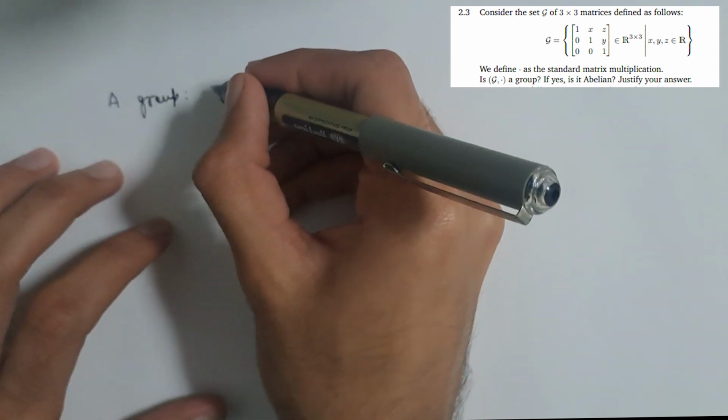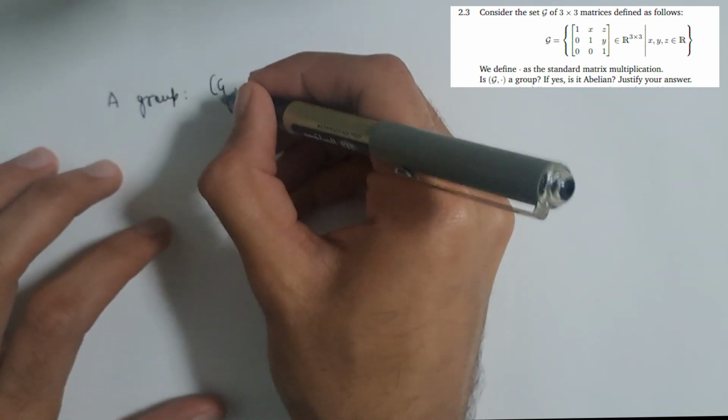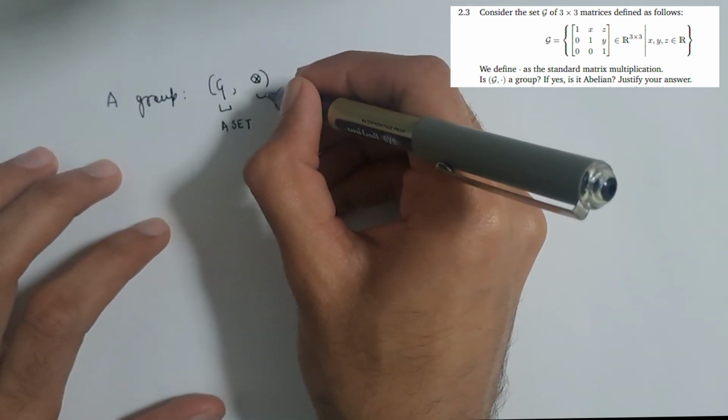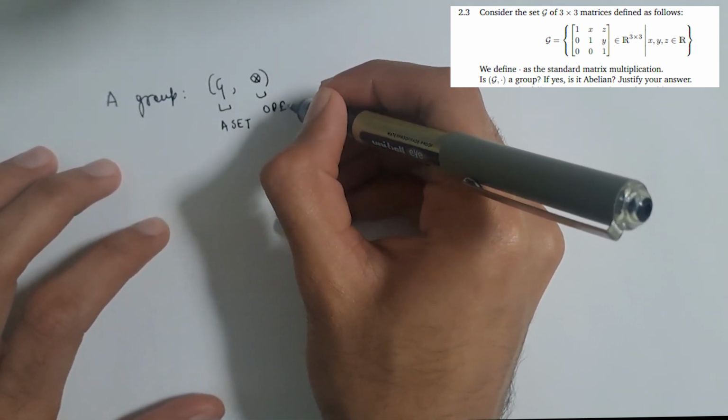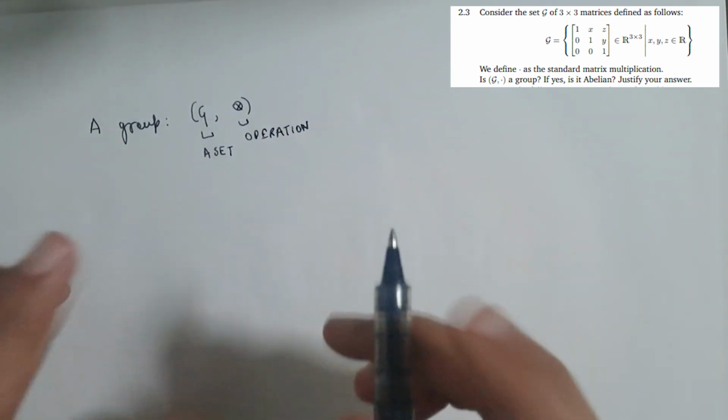A group is two things: a set and an operation. But is this completely a group? No, not yet.